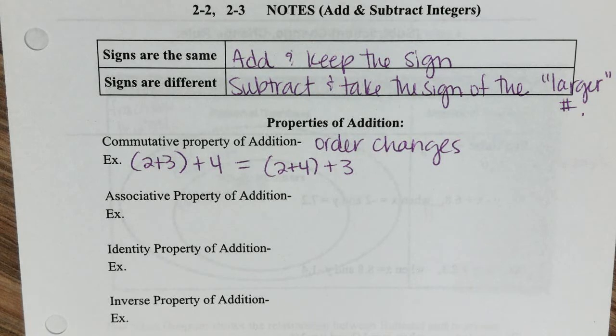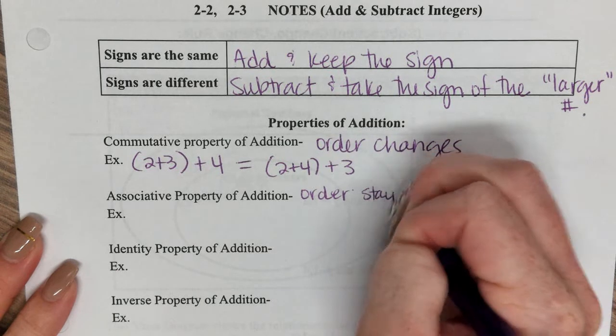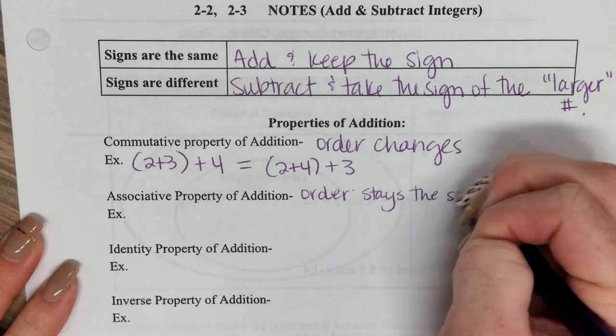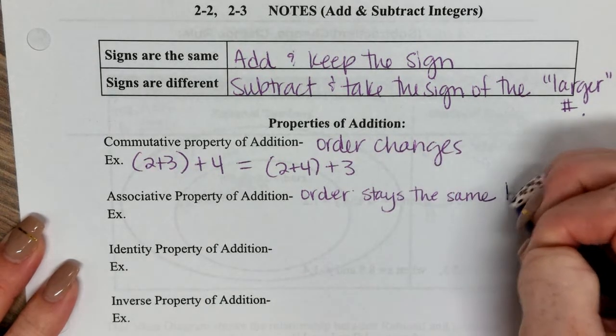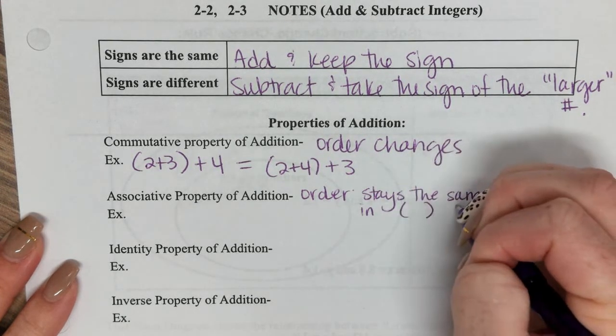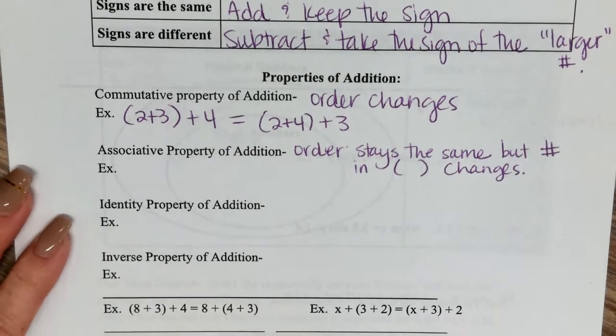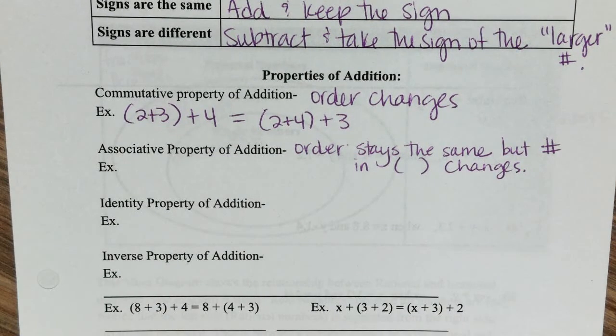Okay. The associative property is where the order stays the same, but the numbers in the parentheses change. You will still get the same answer.